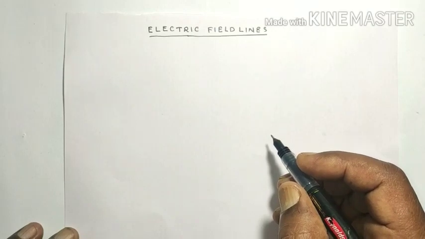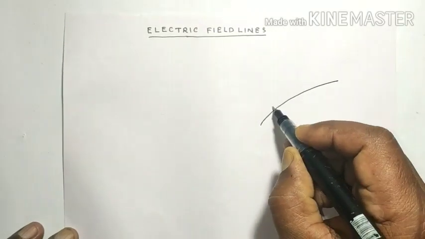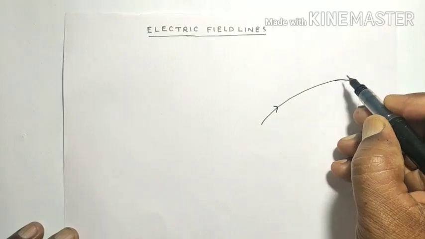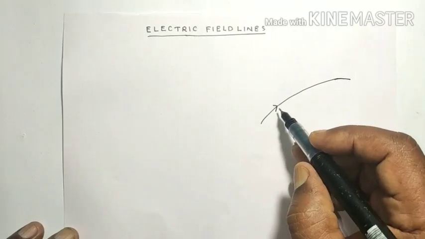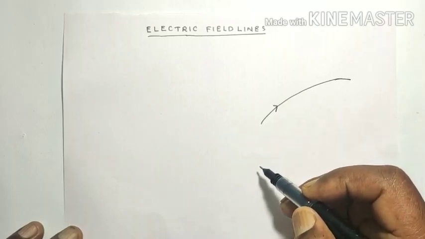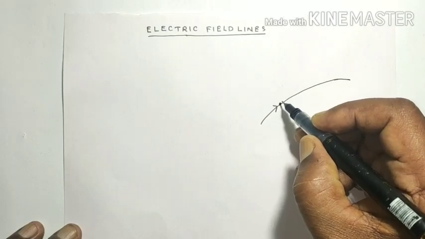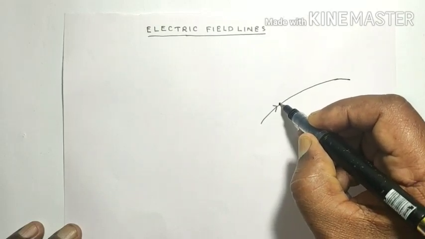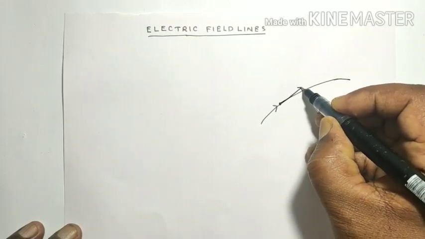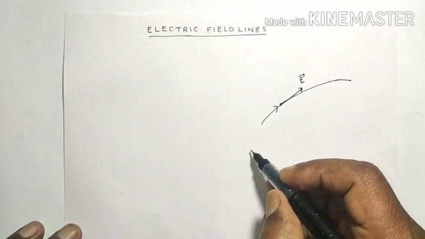We say electric field lines. So an electric field line is an imaginary line. In general, it is a curve drawn in such a way that if we draw a tangent at any point to it, then this tangent shows the direction of electric field at that point.